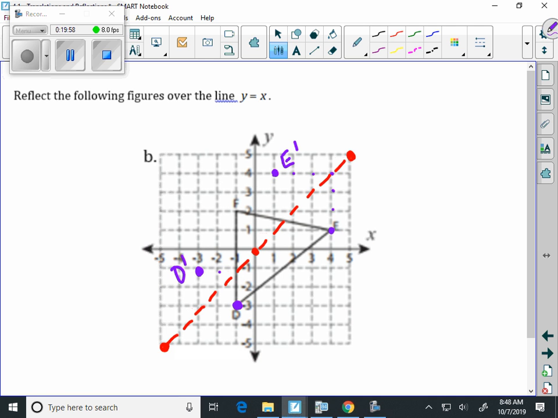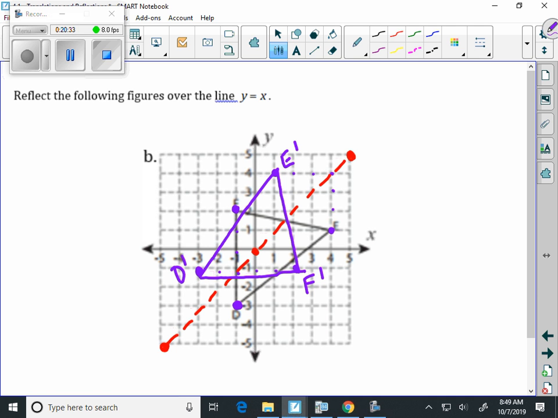Here's our new E. And here's F. It's 1, 2, 3 to the red line, and 1, 2, 3 on the other side. There's our new F. Remember with transformations, we're not changing the size or the shape. We are moving the figure somehow. And there's our new figure.